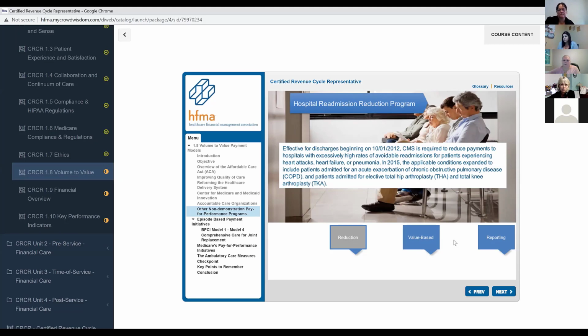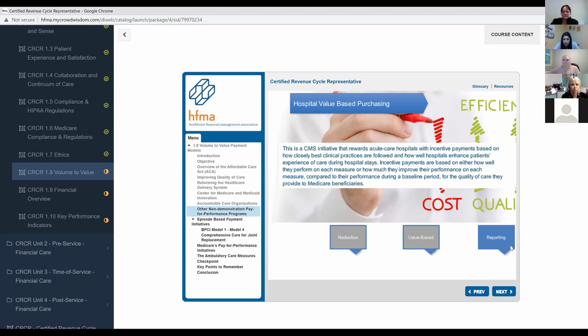The value-based purchasing program is the initiative that rewards hospitals with incentive payments based on how close they come to their best clinical practices and how well hospitals enhance the patient experience. So it was all around the patient experience. And then the third is reporting. It was physician quality reporting.